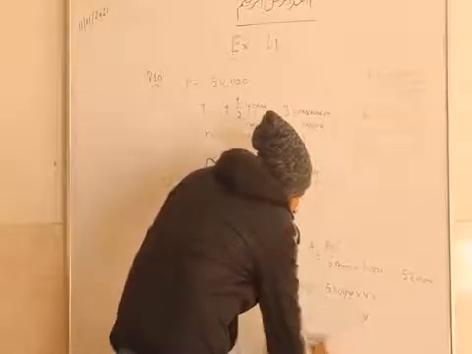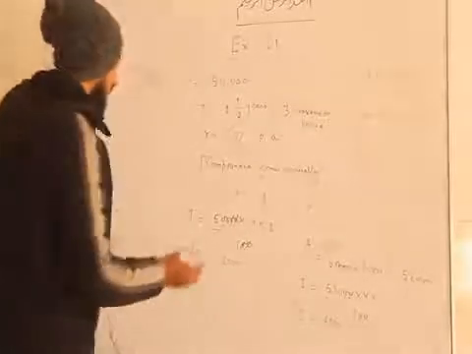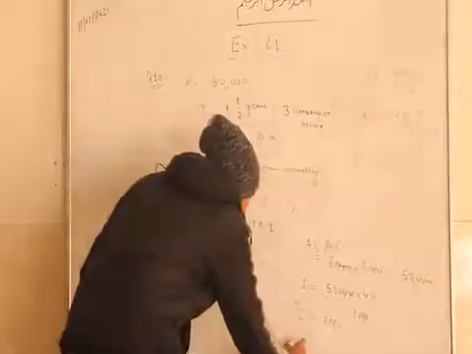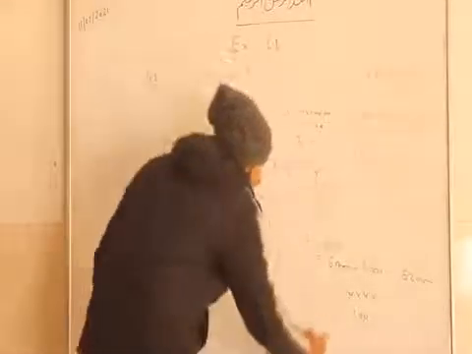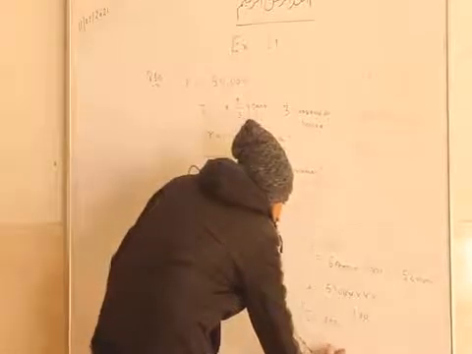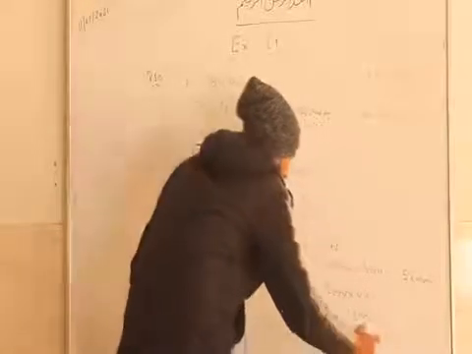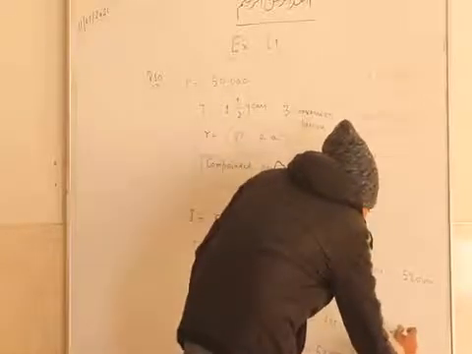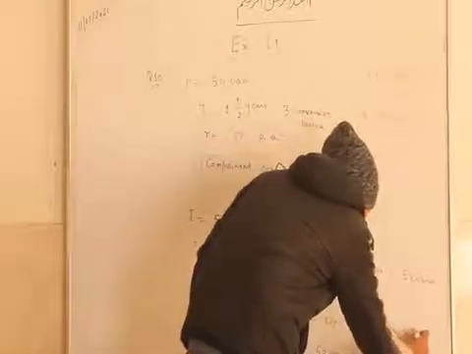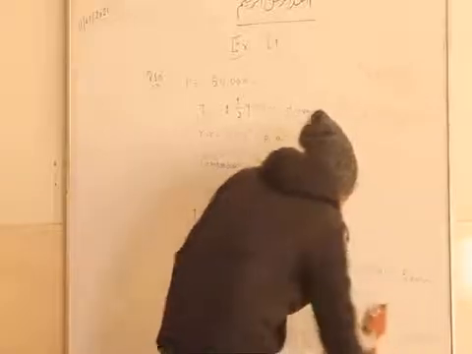So this is the interest for the second. So now we will calculate the amount. So we will add this 52,000 plus 2,080. So the amount will come 54,080.